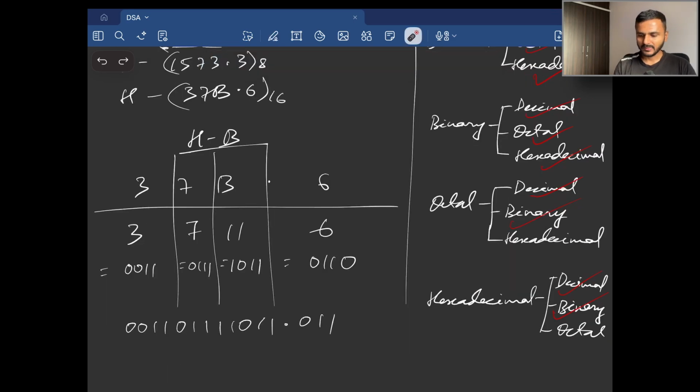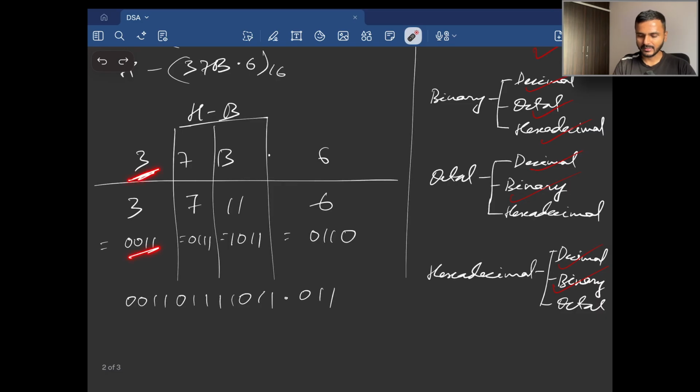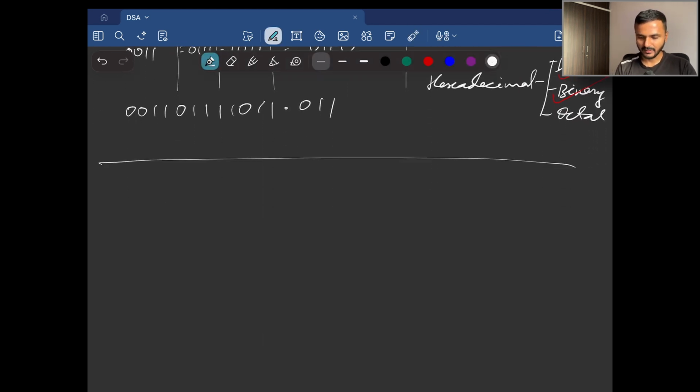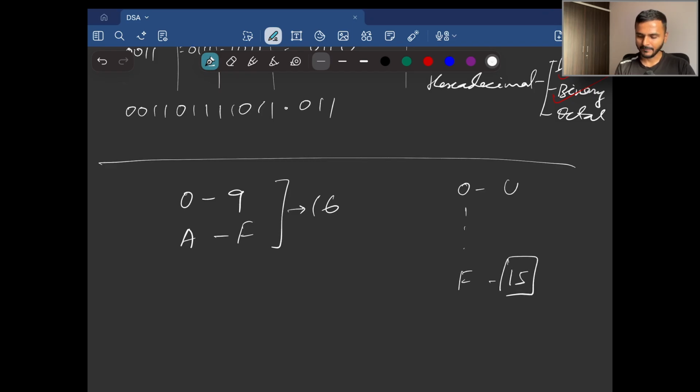Now remember that I told you that when we convert a hexadecimal to binary, we consider each of these digits as it is present in the decimal number system, and considering that, we convert them to their binary equivalent. And when we convert it to its binary equivalent, we have to maintain a group of 4. Let us understand why, and with this explanation, you will be able to understand why we maintained a group of 3 for octal to binary conversion. As we know, for hexadecimal, we can have digits between 0 and 9 and letters from A to F. This makes a total of 16, 0 being the lowest and F being the highest, which stands for 15.